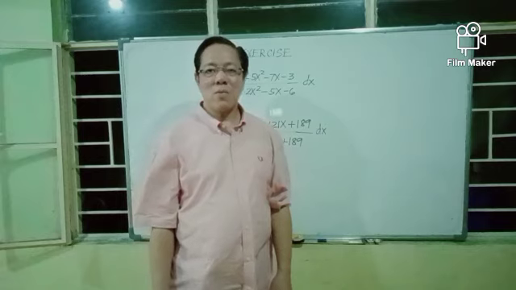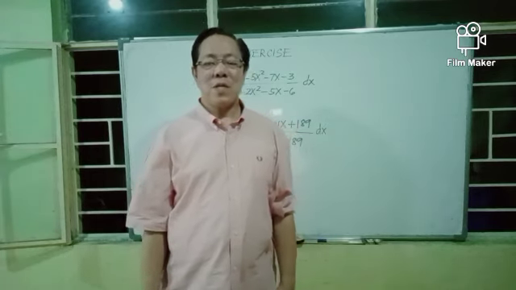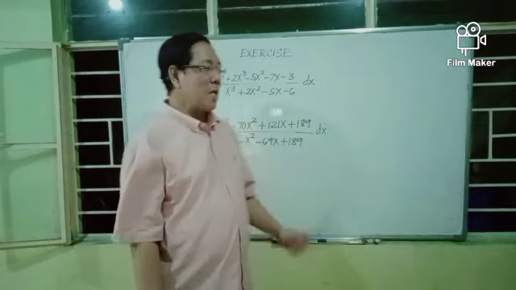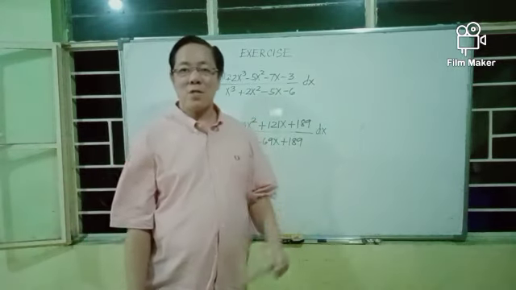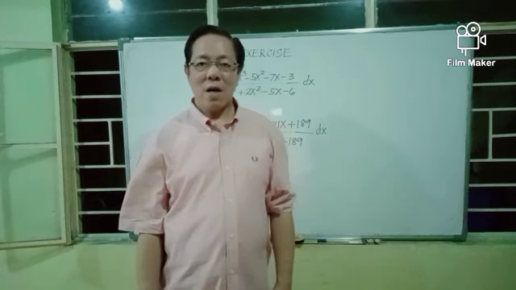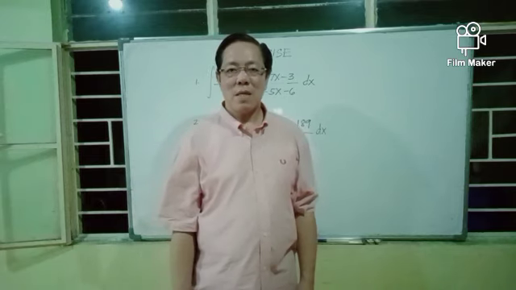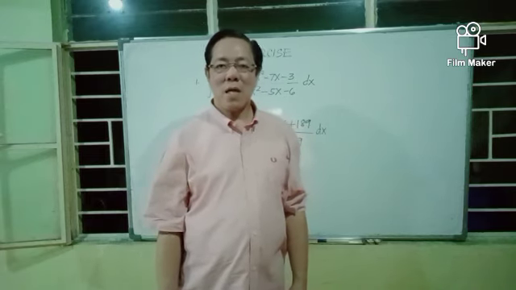In the next lesson, we will continue with integration by partial fraction, where the factors of the denominator in the given rational expression in the integrand of the given integral are linear factors, but some of the factors are repeated. And that completes our lesson for today.